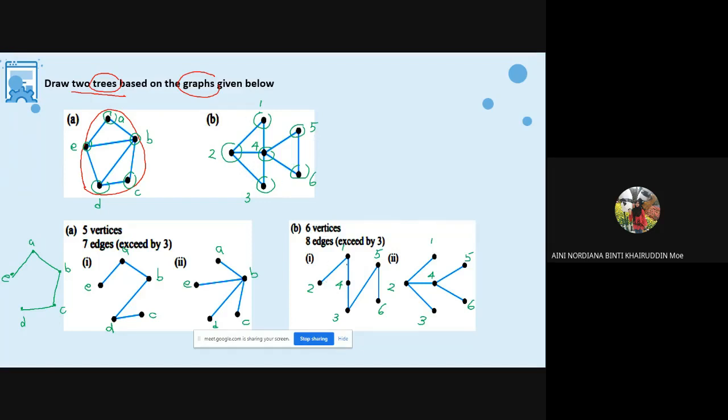Then edges ni you lukis ikut bilangan lah. If vertex 6, your edges must be 5. So 1, 2, 3, 4, 5. Here also 5. Dia ada banyak lagi jawapan. Okay. So kalau dalam exam nanti ada banyaklah jawapan student akan buat dan ada banyak skema jawapan juga.